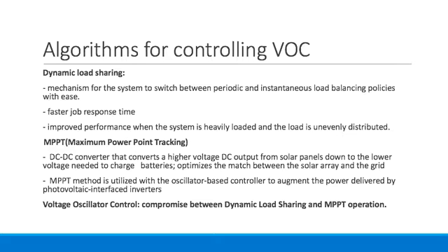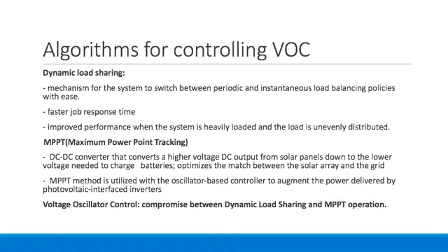And there are two kinds of algorithms for controlling VOC. One is the dynamic load sharing. It can lead to faster job response time, and it can switch between periodic and instantaneous load balancing policies with ease. It also improves the performance when the system is heavily loaded and the load is unevenly distributed.